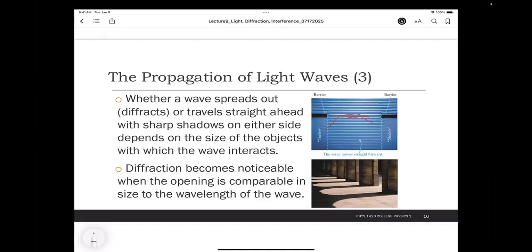If it is close to the wavelength, or a little smaller or a little bigger, that's fine. But if it is too large, there will be no diffraction phenomenon. Does it make sense to you? The wave just moves straight forward. This is how the water wave acts, and the light wave also acts like this.